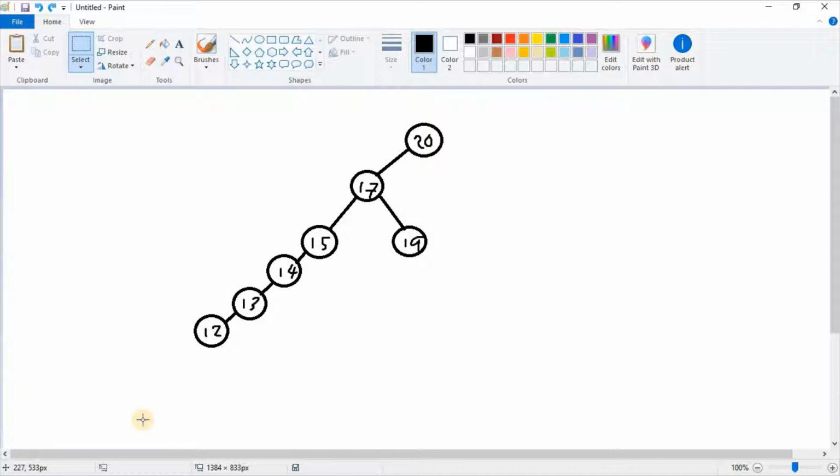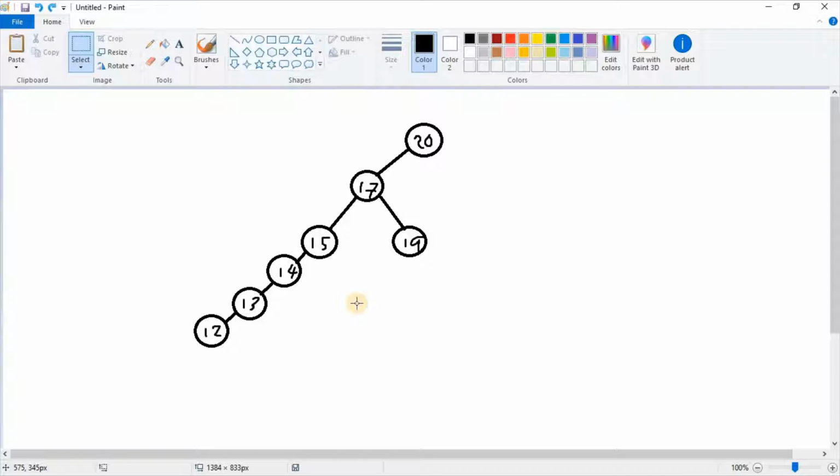Okay. Now what we have to check is the balance factor. So for converting a BST into an AVL tree, the major thing is the balance factor. If, as you recall, the balance factor is greater than minus 2, or if it is minus 2, then only do we have to change the BST, otherwise it is already an AVL tree.